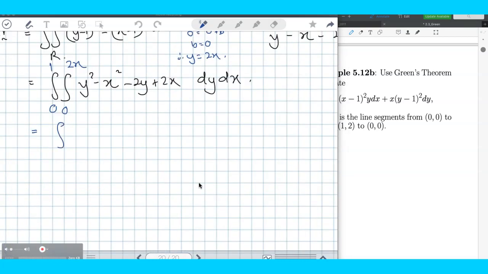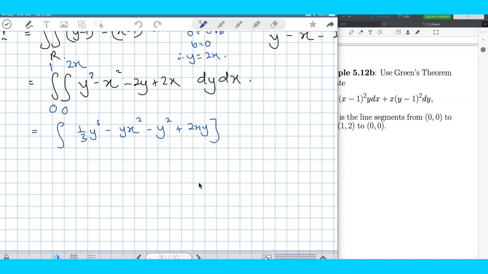So integrate with respect to y. One over 3 y cubed minus y x squared minus y squared plus 2xy, with y from 0 to y equals 2x, dx. So one over 3 times 8x cubed minus 2x times x squared minus (2x) squared plus 2x times 2x, minus 0.